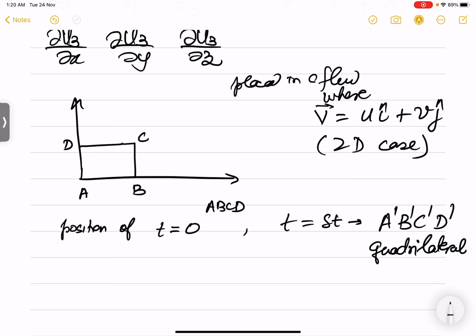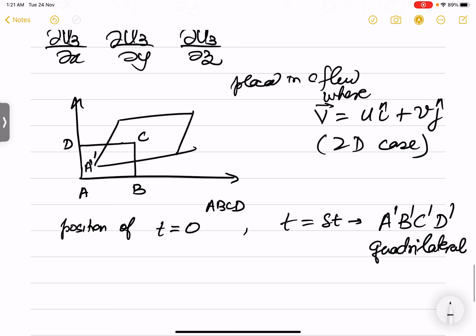So now this element, because everywhere the fluid has velocity given by Ui plus Vj, at time t plus delta t, transforms to A prime, B prime, C prime, D prime. So A prime, B prime, C prime, D prime is the new location of A, B, C, D. A moves to A prime, B moves to B prime, C moves to C prime, and D moves to D prime.